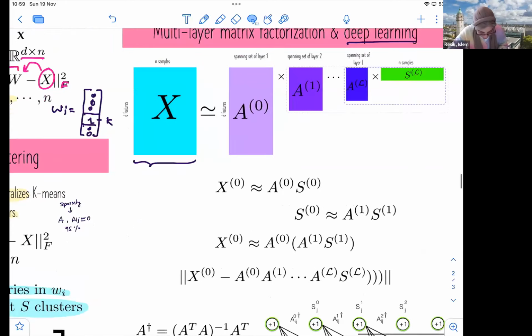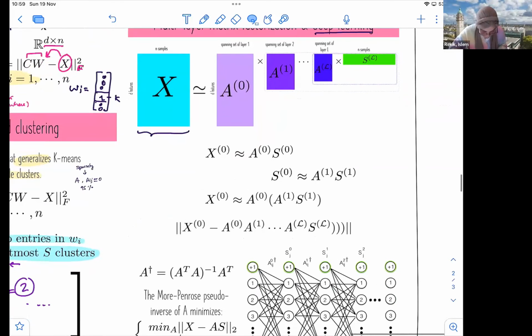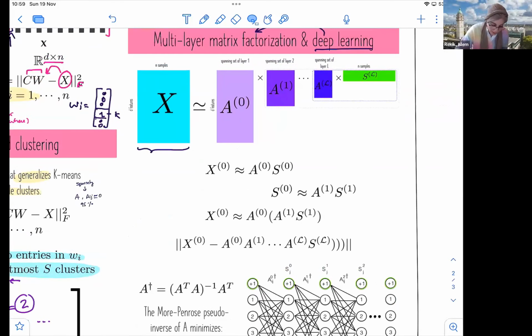In this example, we have the original decomposition. So X0 is decomposed into A0 and S0, right? But then S0, which is the assignment matrix, we decompose into a new matrix factorization problem.